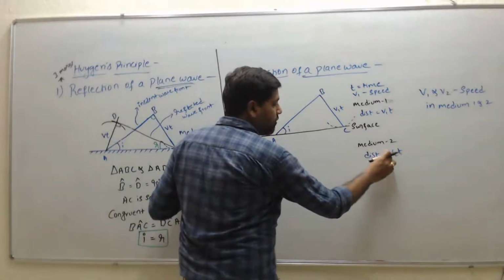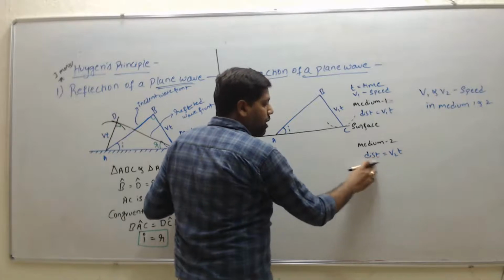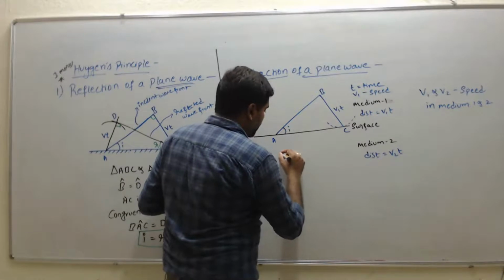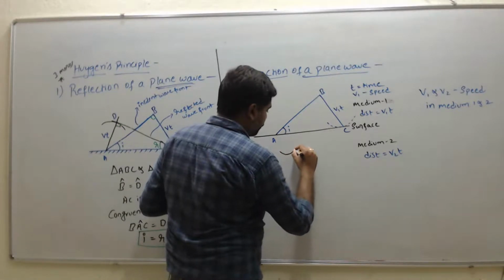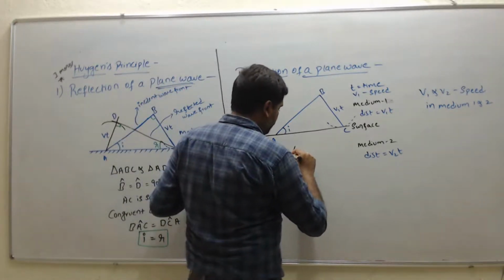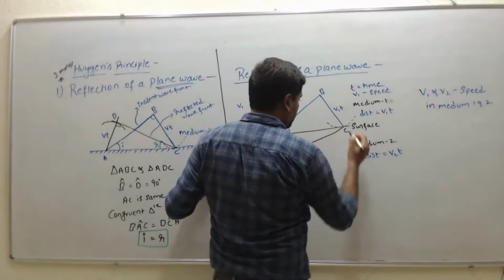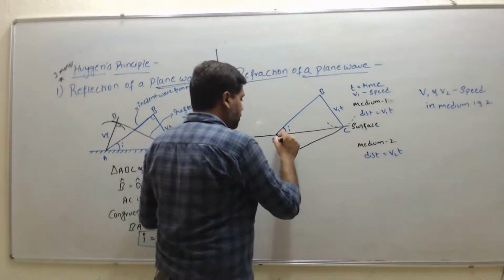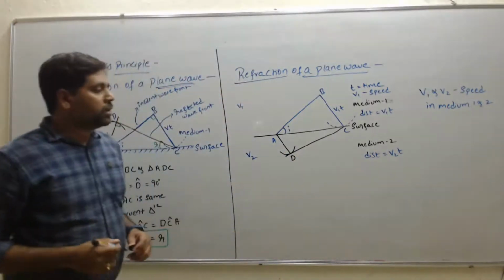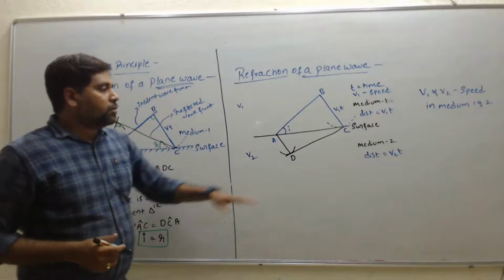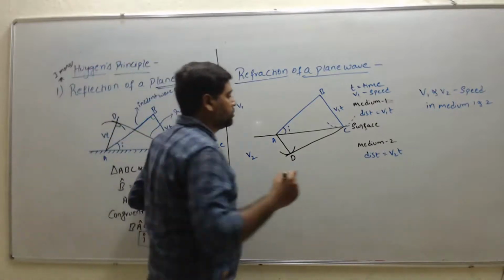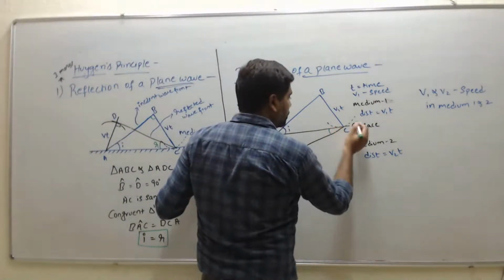To find the distance traveled by the source A, we have to draw a sphere of radius v2 t. Then I get the sphere like this. Then if I draw the tangent from point C to this sphere, with a perpendicular to it, this point becomes point D. So this angle ACD is the angle of refraction, that is, the wave is transmitted into the second medium.